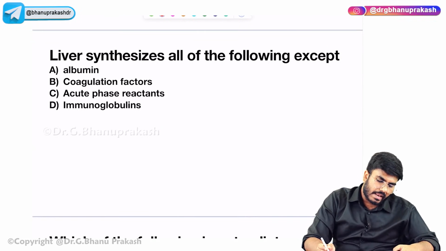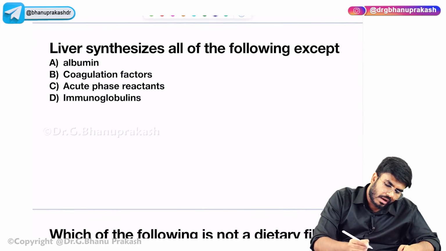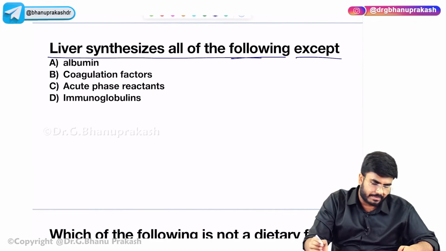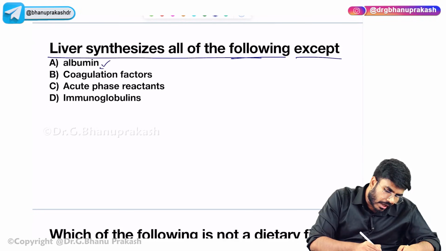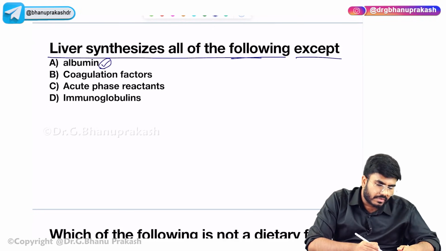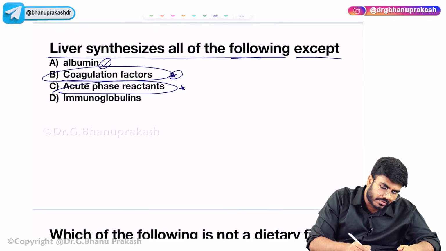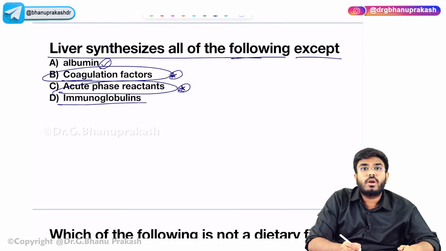Okay, next, liver synthesizes all of the following except. Liver synthesizes your albumin, which is responsible for your oncotic pressure. Liver synthesizes your clotting factors, coagulation factors, true. Acute phase reactants are produced, true, but immunoglobulins are not.